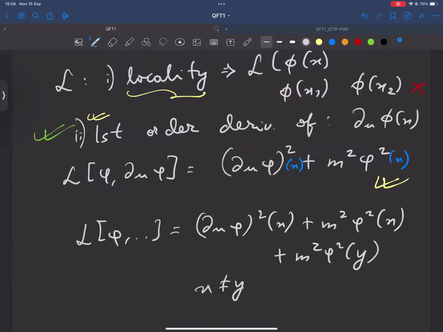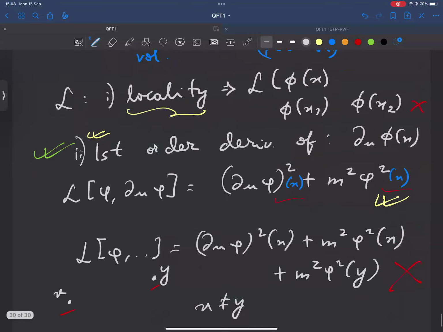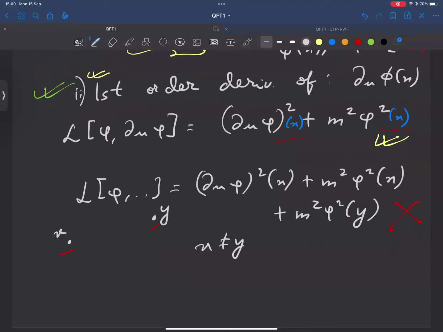So they are well separated points. This is x, this is y. We are not going to consider these Lagrangians because they are non-local. They are functions of fields which are defined at different points. So we are going to look at Lagrangians where all these fields are evaluated at the same space-time point x, not at x and y and z or whatever. Okay, so that's locality. Is that clear? Yes, sir. Good. Thanks for the question.